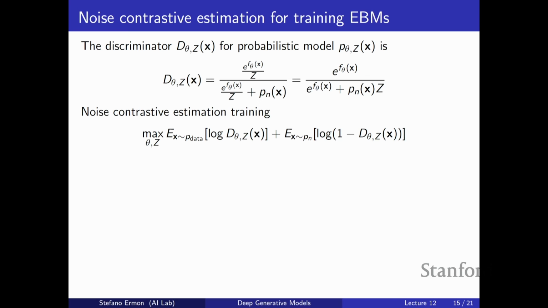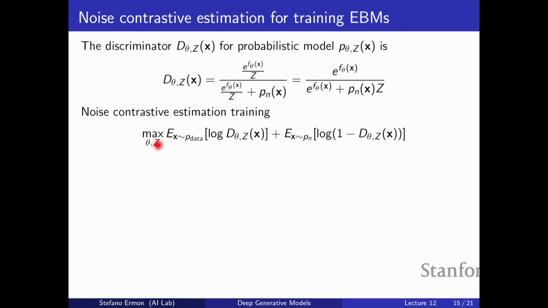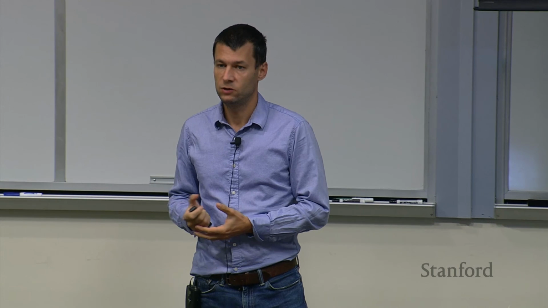And in the limit of infinite data and perfect optimization, if you optimize this loss perfectly, the energy-based model matches the data distribution. And the partition function, which is just the value of this learnable parameter z that you get, actually is the true partition function of the energy-based model.